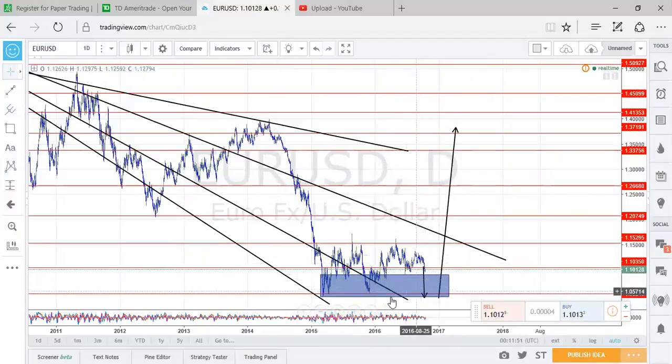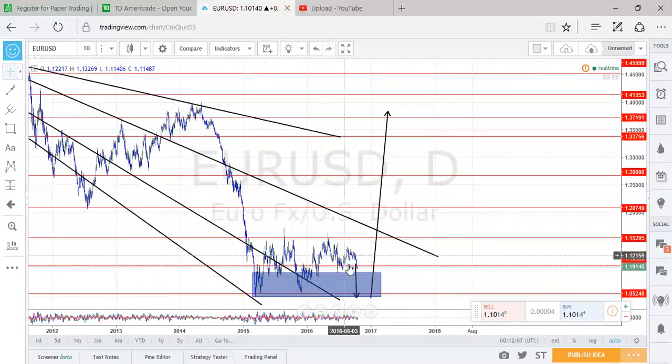But I think it's going to tap this zone, shoot up, retest here, and make higher highs, start up trending, and then probably that'd be a nice catch all the way up. Retest until it couldn't anymore.